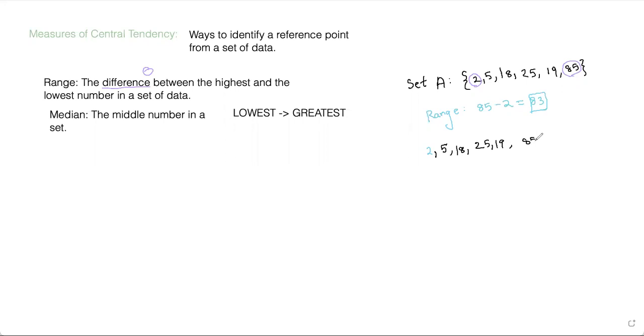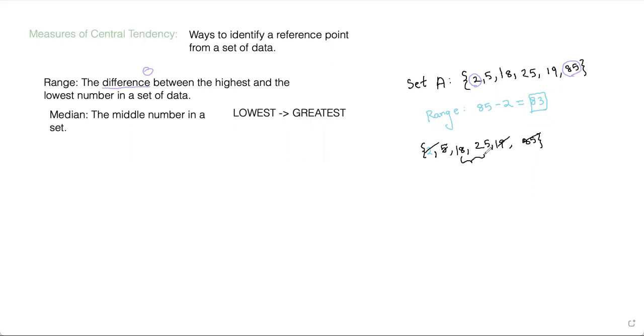Now that we have this, let's try finding the median. We cancel out 2 and 85, then 5 and 19, and we're left with 2 middle numbers.